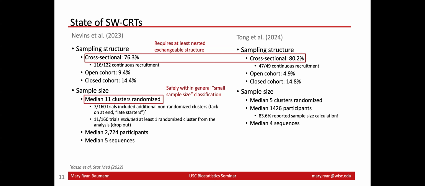So I was fairly surprised about that, and we can get into the implications of some of these small n analysis methods and how that plays into small sample size as well.